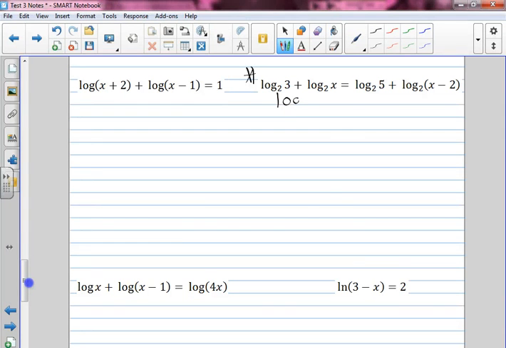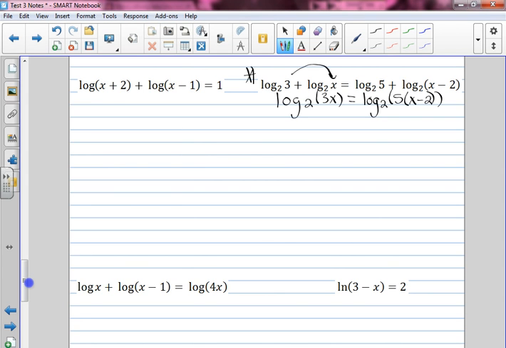So log base 2 of 3x, because 3 times x is 3x, equals, and on the other side I have log base 2 of 5 plus log base 2 of x minus 2. This one wants you to multiply also because it has addition. So log base 2 of 5 times x minus 2.